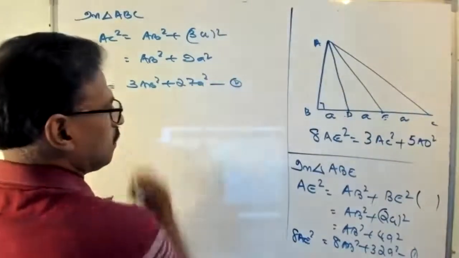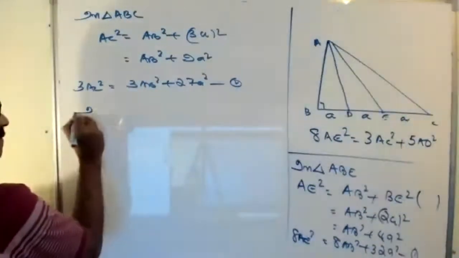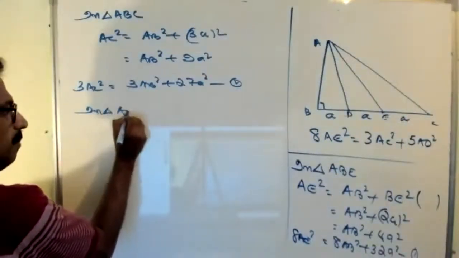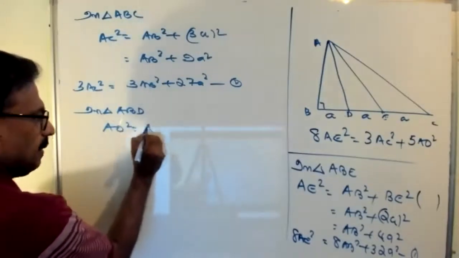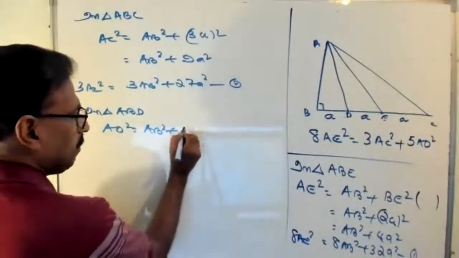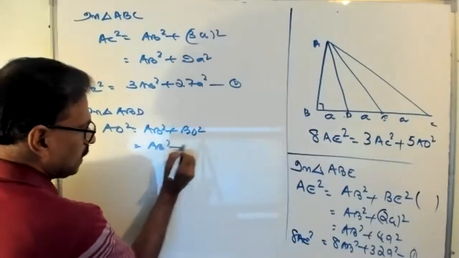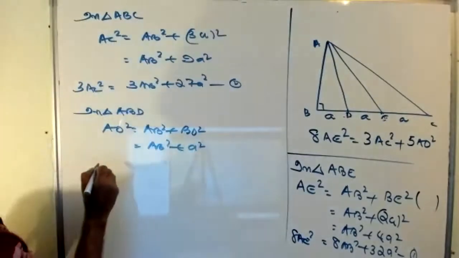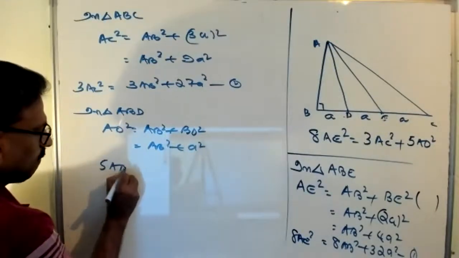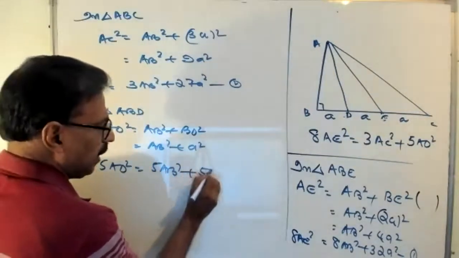Number 2. Then we need AD square in triangle ABD. AD square equal to AB square plus BD square. So that is AB square plus A square. 5AD square equal to 5AB square plus 5A square.